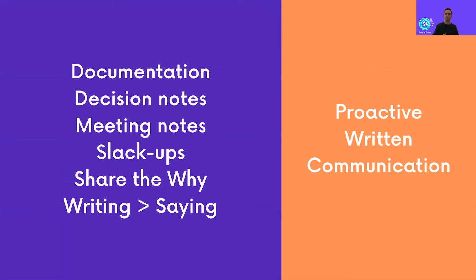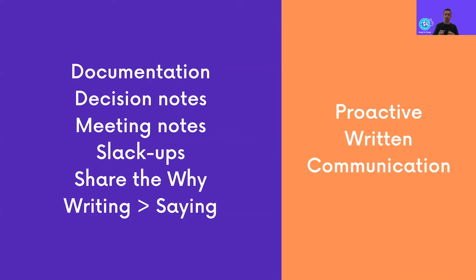Some things to think about in that proactive written communication. One, I already talked about documentation. Having great guides and how-tos and how to get your job done to help. That's especially important for new people starting in your organization. Decision notes, when you make a decision. So at Canva, we make lots of decisions about, actually, we're going to build this feature or we're going to launch this tomorrow.